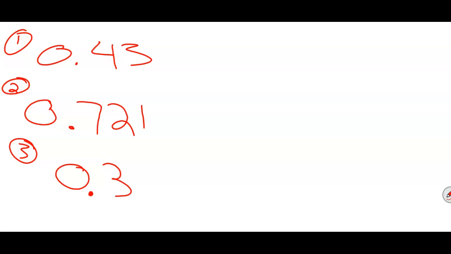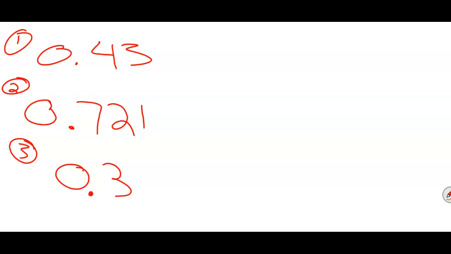On your paper, go ahead and write these 3 decimals, and then convert them into fractions. How do we read number 1, Chris? The decimal or the fraction? The decimal. How would we read that? 0 and 43. Good. 0 and 43 hundredths.